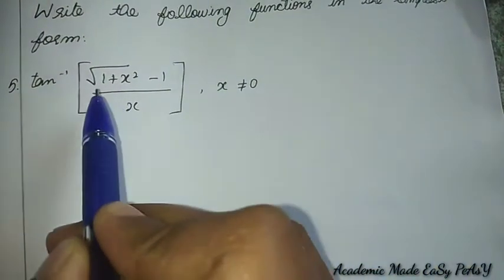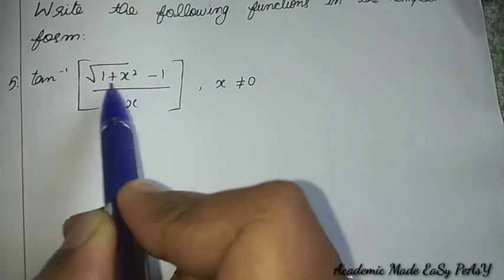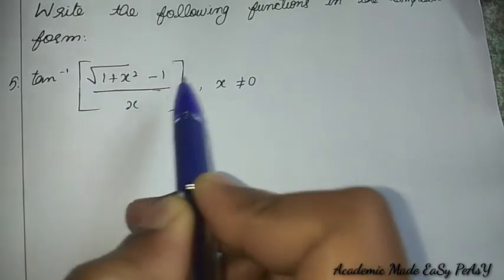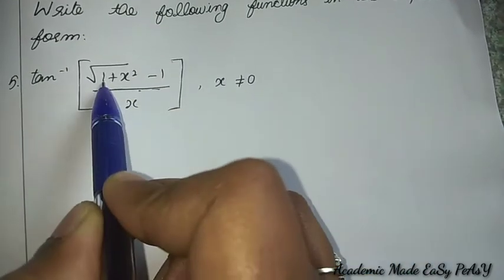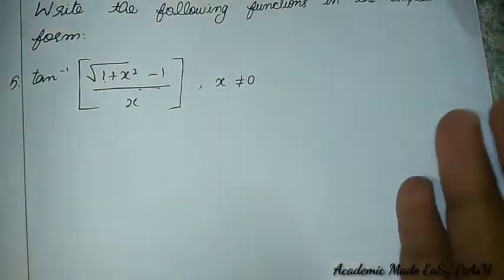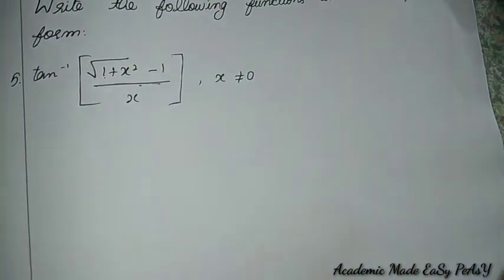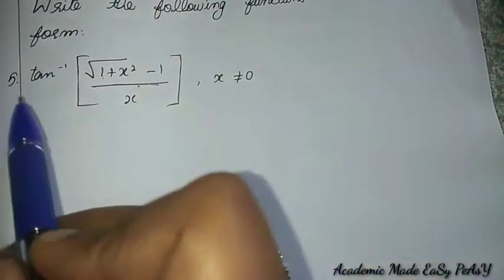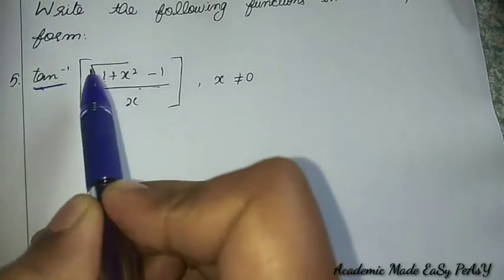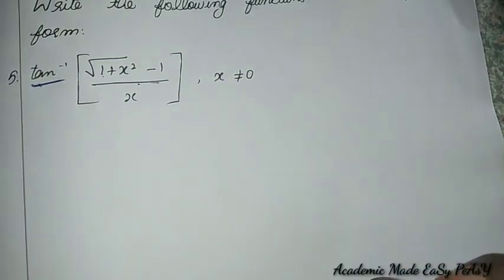So here it is bigger, so we will be checking for this first. So here 1 plus x square, in what form can we take? 1 plus tan square we can take, no? Since here I have tan, I will be taking 1 plus tan square, no?